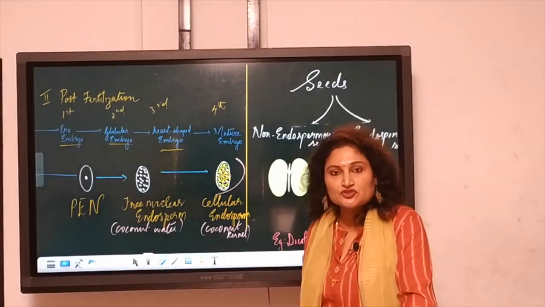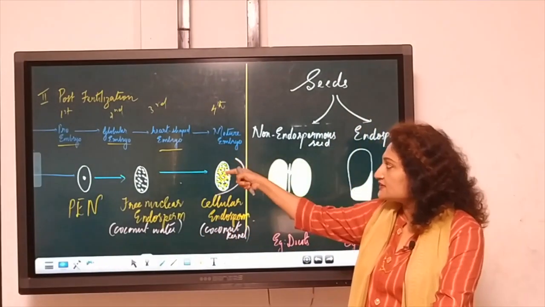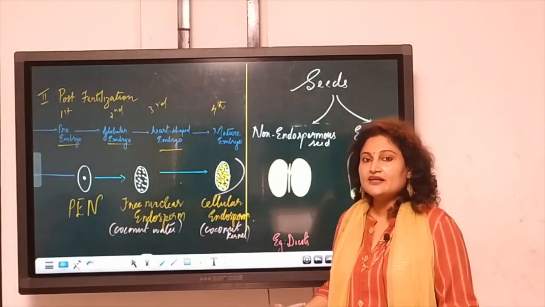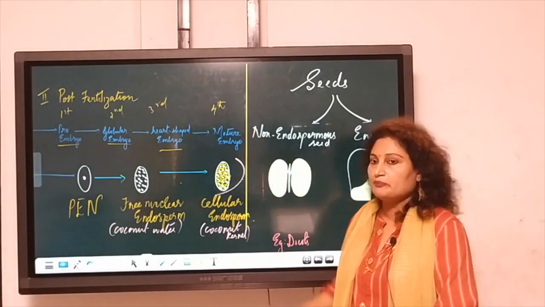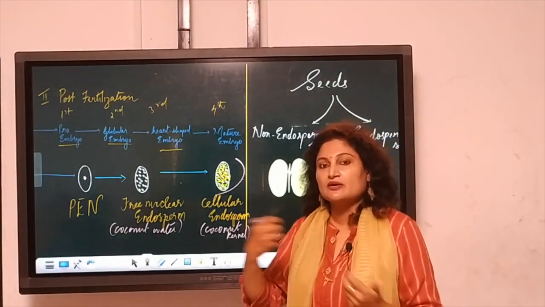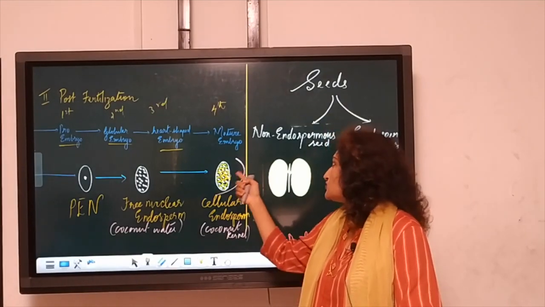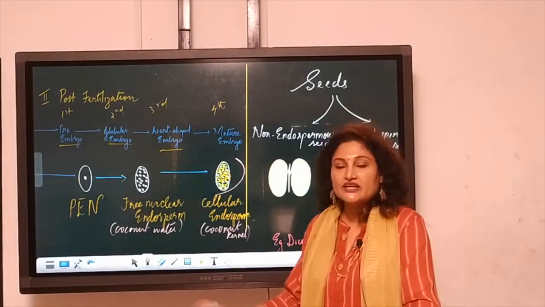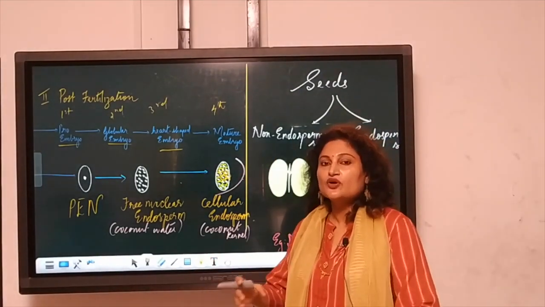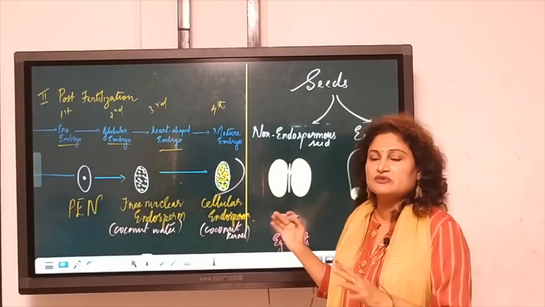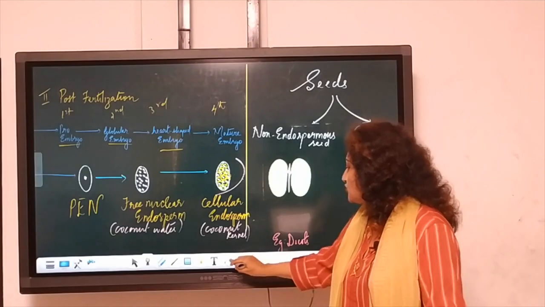So we have two types of seeds based upon whether the embryo utilizes the endosperm completely or incompletely. If the embryo utilizes the endosperm completely, leaving no remnants of the endosperm in the seed, it is known as non-endospermous seeds. On the other hand, if the embryo utilizes only a part of the endosperm, leaving a bulk of the endosperm in the seed, then it is known as endospermous seeds.